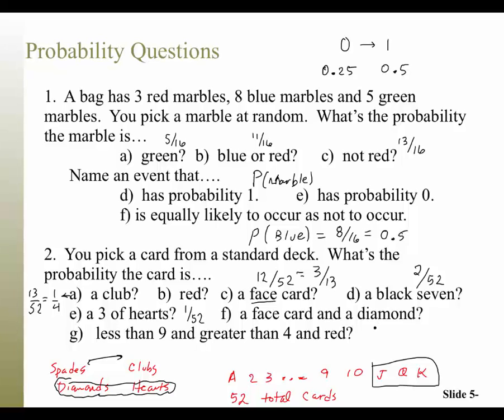Okay, a face card and a diamond. Felipe. Okay, so you're saying there are 3 face cards that are also diamonds. That's it, 3 out of 52. Okay, less than 9 and greater than 4 and red. Rachel, did you get that one?